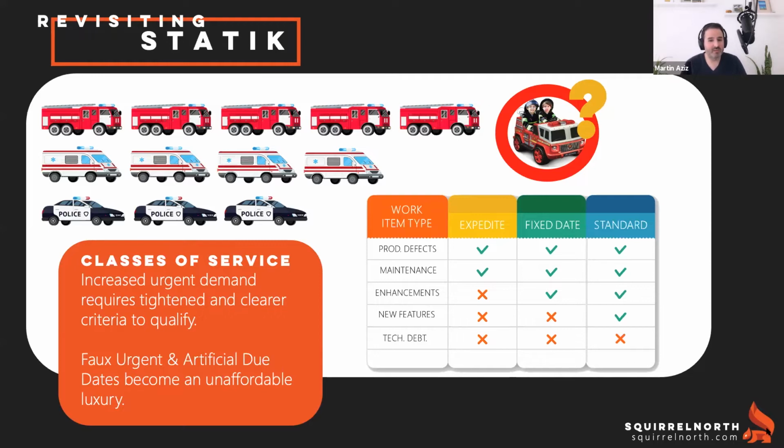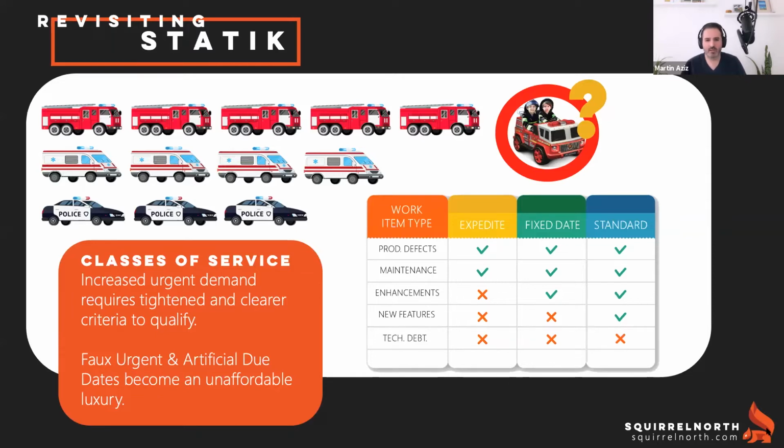So first class versus economy class. In Kanban, we typically refer to a number of different archetypes, but typically you hear things like standard, fixed date, and expedite. And so, what's happening when your standard, which is the regular offering, may not be as good as it was once before.